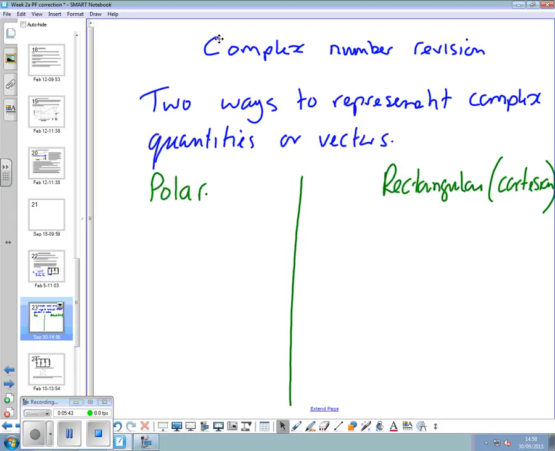So in the polar, we have an axis like so, where at 0 degrees, 90 degrees is straight up, 180 degrees is the left hand side, 270 degrees is vertically downwards, back to 0.